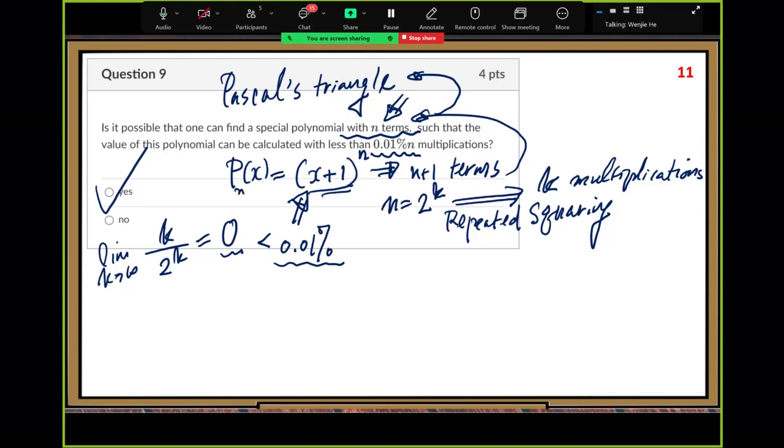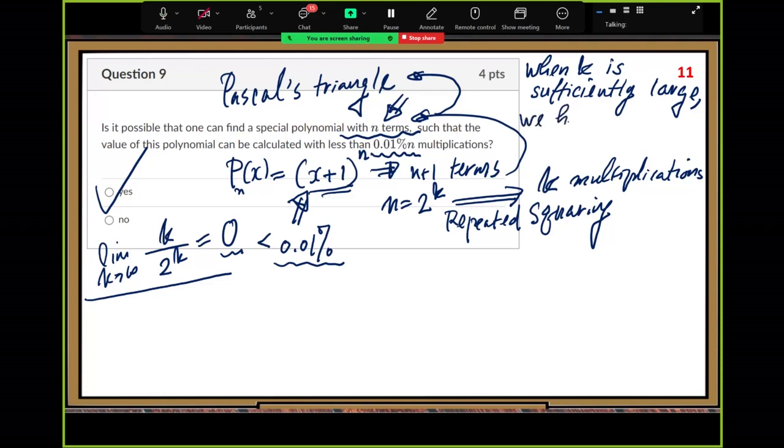Based on this limit, when k is sufficiently large, you know the meaning of sufficiently large, we have k is less than 0.01% times 2 to the k.